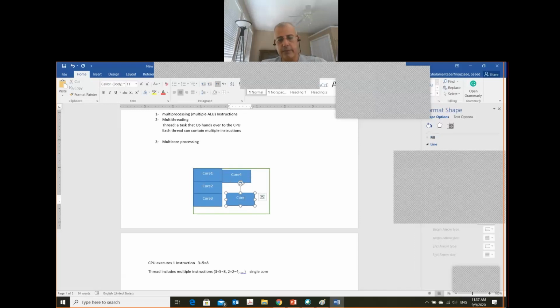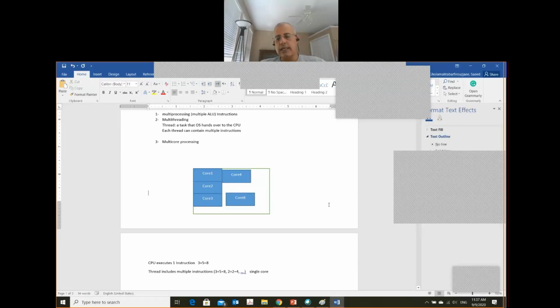Core 8. This is an 8-core processor, and each core can handle or process multiple threads. It's not limited to just 2 threads. It can handle 4, 5, and so on. It depends on the structure and architecture of the CPU and its internal structure. It can handle multiple threads.